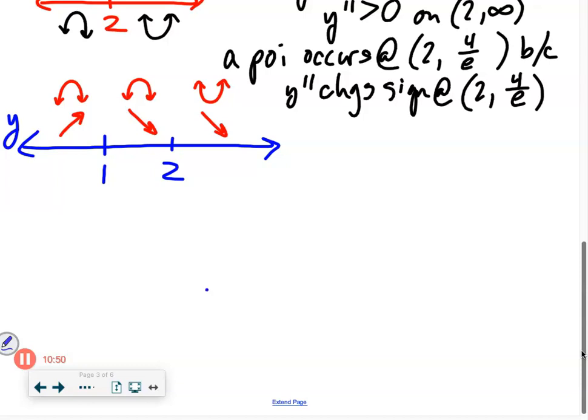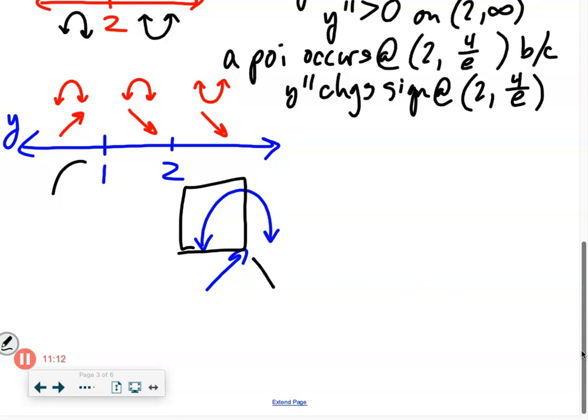When you have increasing on a concave down function, you take the part of the concave down function that is increasing, and that is the shape that you're going to put for your graph for that section. From 1 to 2, we're decreasing on a concave down function, so you take the part of your concave down symbol that's decreasing, and you draw it under there.